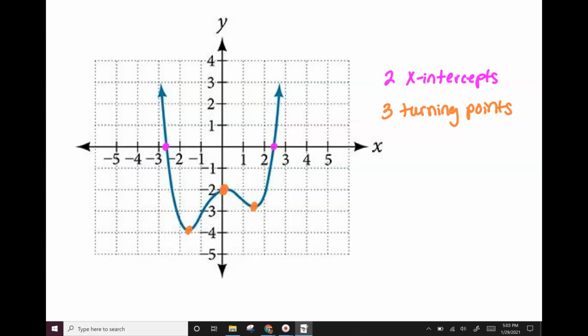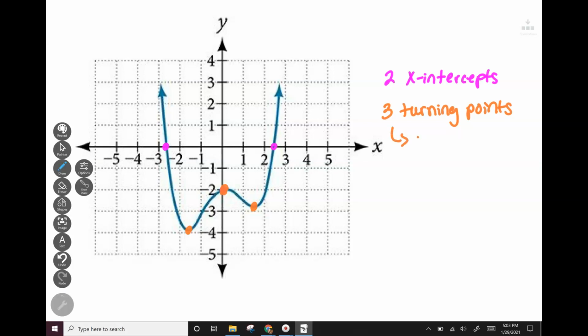Remember, a polynomial of degree n will have at most n minus 1 turning points. So the degree could be 4. Could be something larger than 4, but it could not be less than 4.